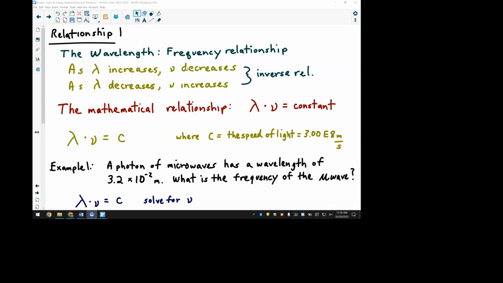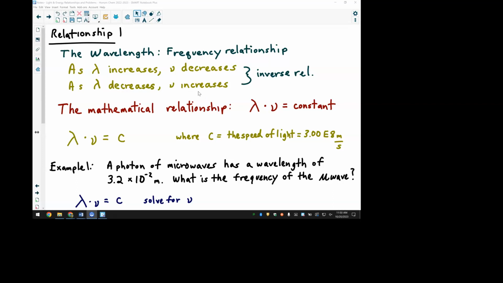Because, again, comparing these waves, longer wavelength, less frequency. Okay? And then it's opposite. As the wavelength gets smaller, the frequency increases. It's an inverse relationship. Okay?